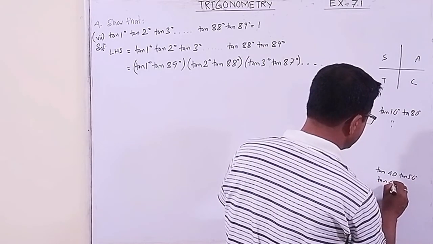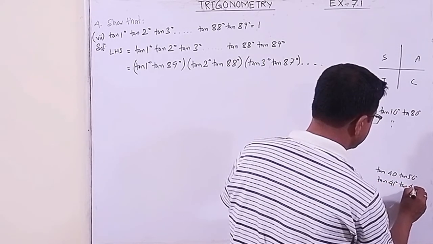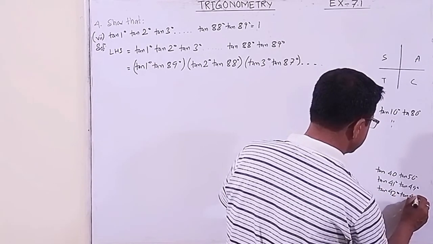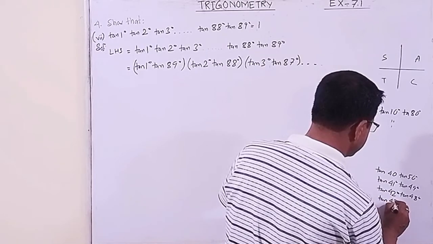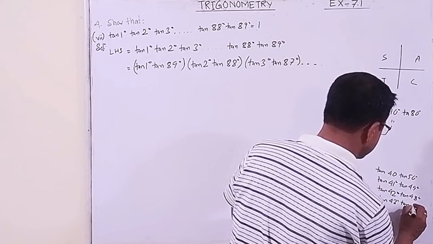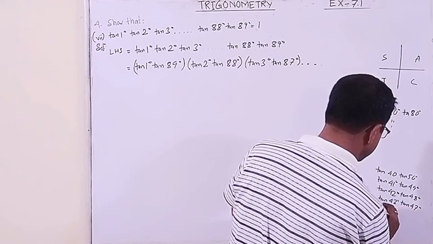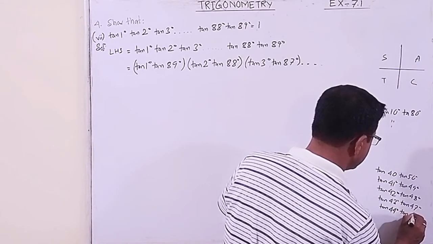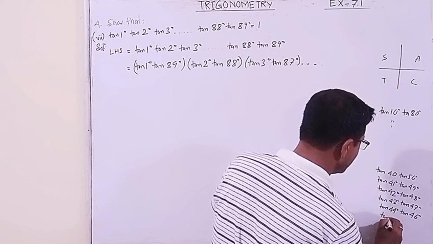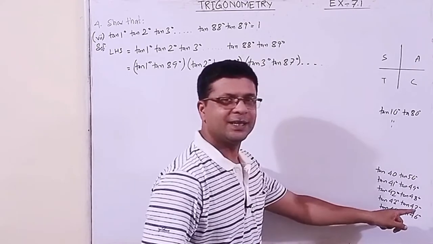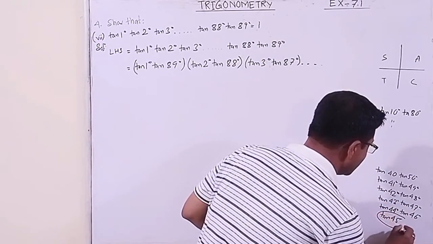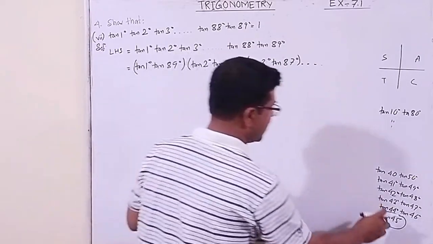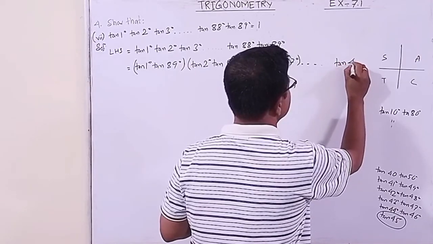Let us move like this, 41 with 49 degree, 42 with 48 degree, 43 with 47 degree, then 44 degree with 46 degree. Next 45 degree, what will we put here? You will not put anything, so this will remain isolated, means single. Everything will be in pair except this, so that extra part which will not be in pair, let us write here.